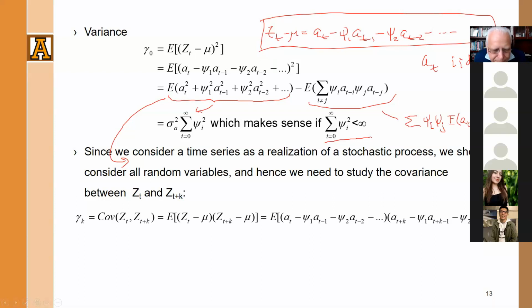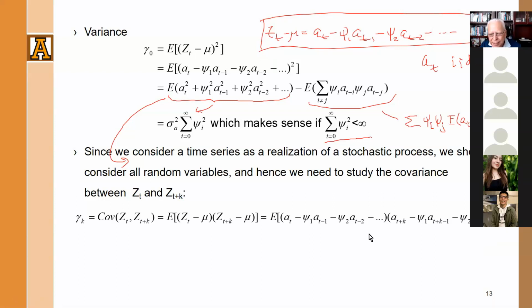So we have the expected value of these products. This is Z_t minus mu. This one here is Z_t minus mu. And this one here is Z_{t+k} minus mu.